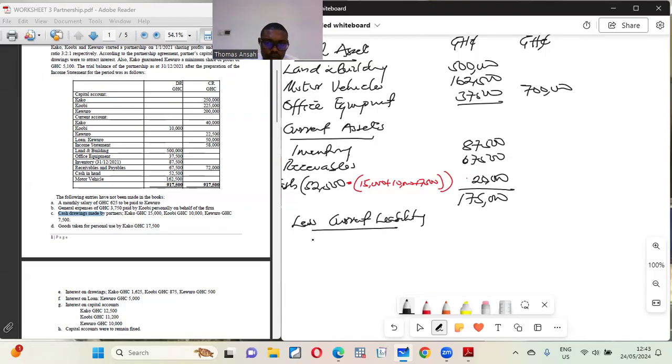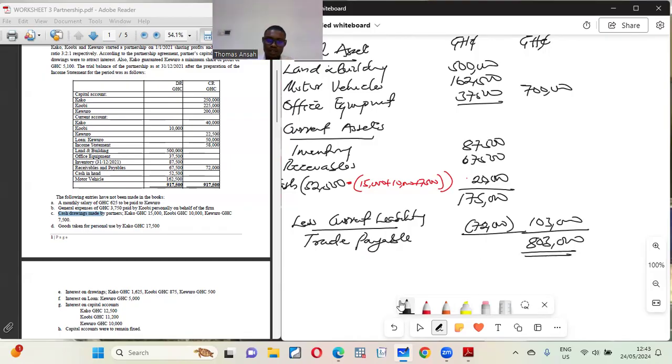So what are our current liabilities? We have trade payable. Is there any other accruals? No. So we are going to less our trade payable, which is 72,000. So minus 72,000. That gives me 103,000. So 803,000 is my balancing figure. So this is capital employed.